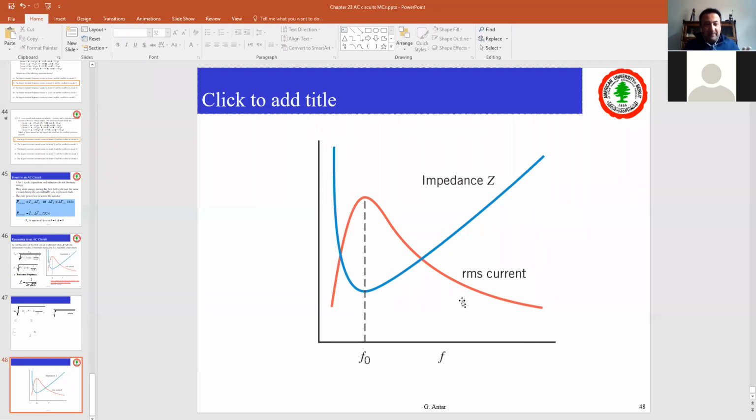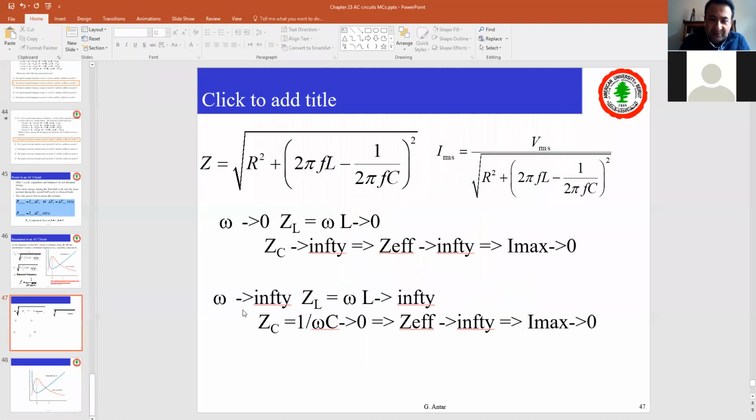What you can see is that the one playing the role here is basically the inductance. Remember, the inductance plays the role of a battery, and only when I have time variation.